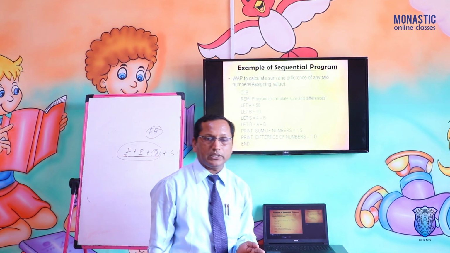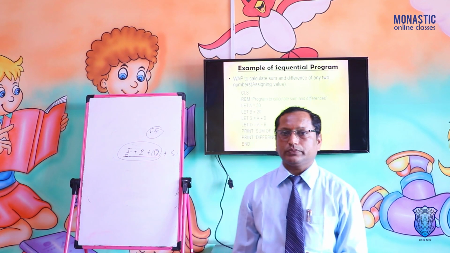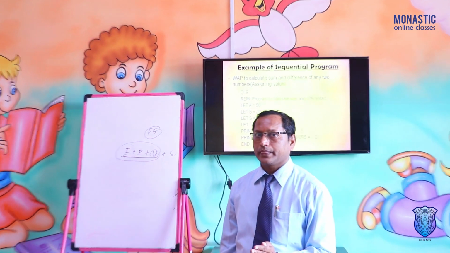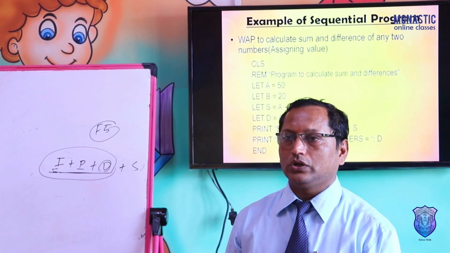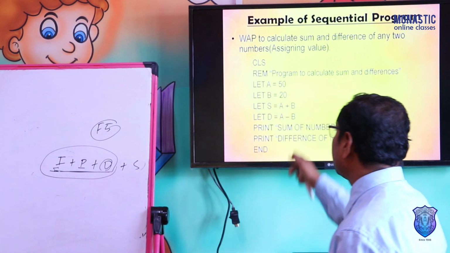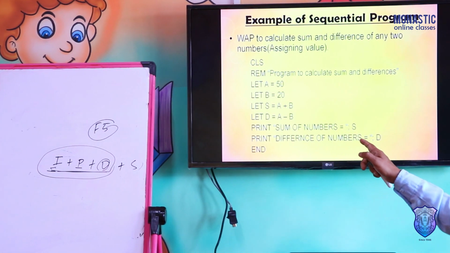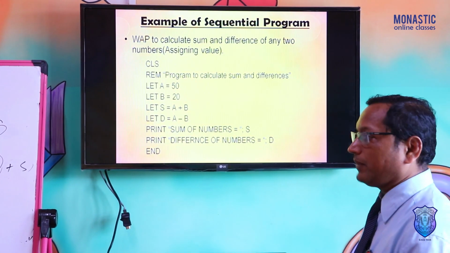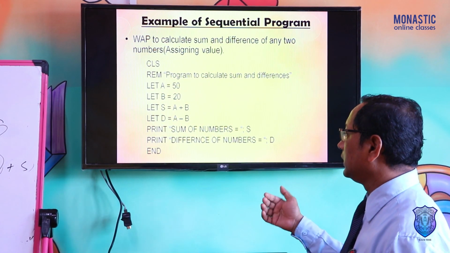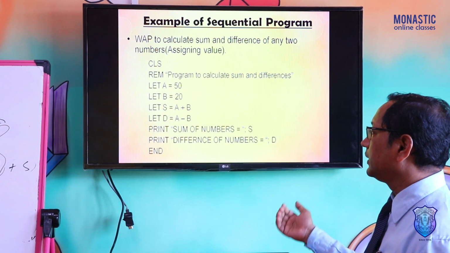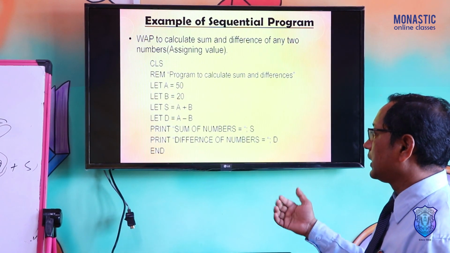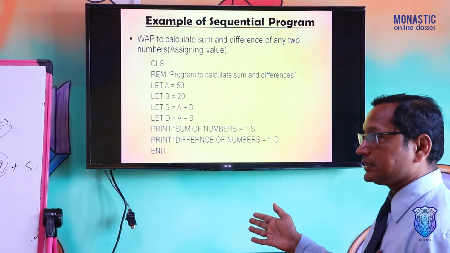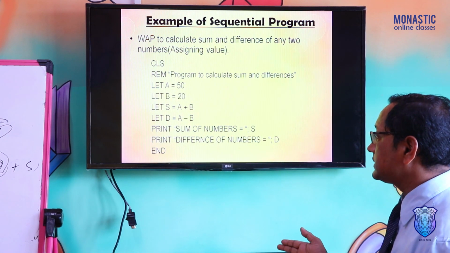First it will compile. What does compile mean? It is the process of converting the codes written in high level language into binary code, machine code, and it will check and filter the errors.